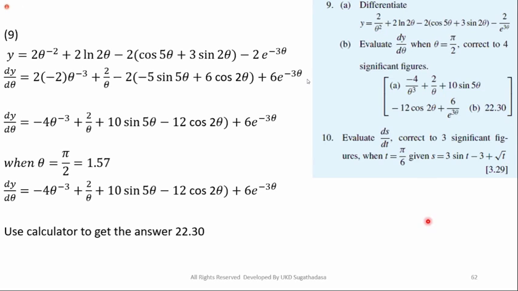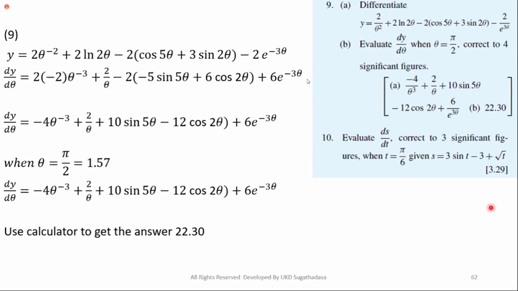You can write the next line: ds by dt equals, right? Everybody should follow the instruction. ds by dt equals 3 cos t. How to simplify half t to the power minus half? It means 1 upon 2 t to the power half, that is square root of t.